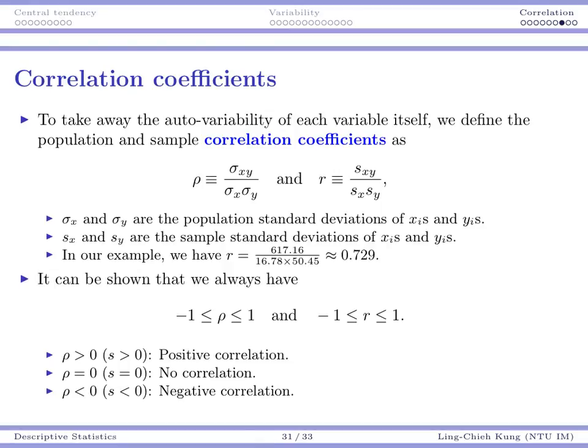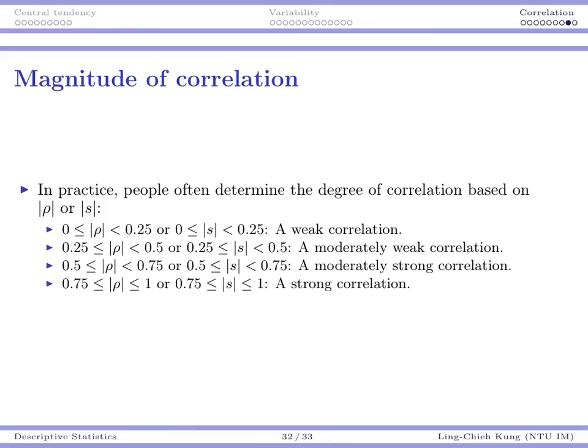As we mentioned, if the number is positive or negative, we say there is a positive or negative correlation. If it's 0, there is no correlation. But when it is very close to 0, we also tend to believe there is no correlation. So what's the standard?